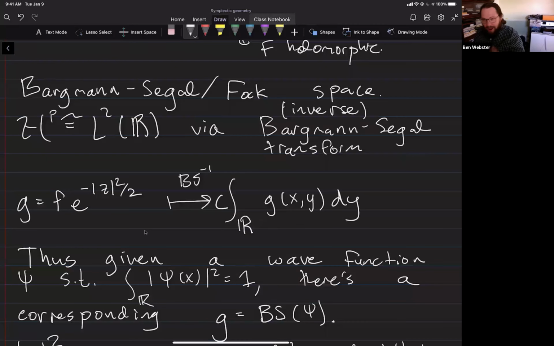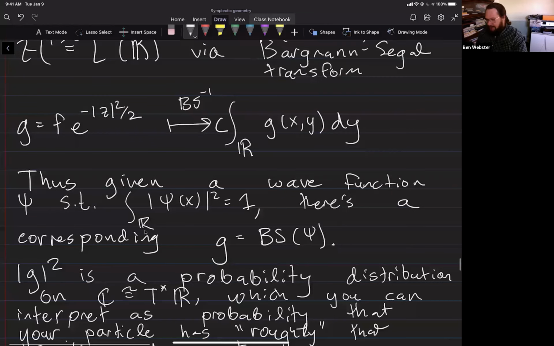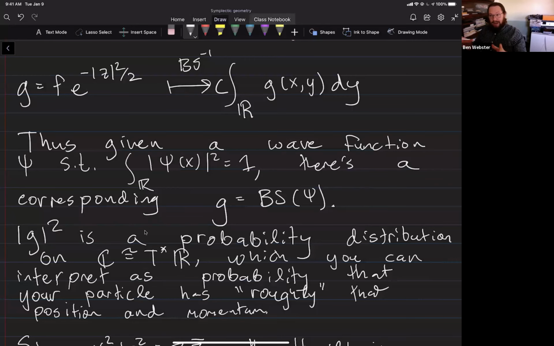So if you have a wave function that's normalized in the usual way, a unit vector in the space of states, then there's a corresponding Bergman-Siegel transform of it, which is the corresponding holomorphic times Gaussian function on C. And this is pretty cool because it gives you a function on the cotangent bundle, which is a probability distribution.